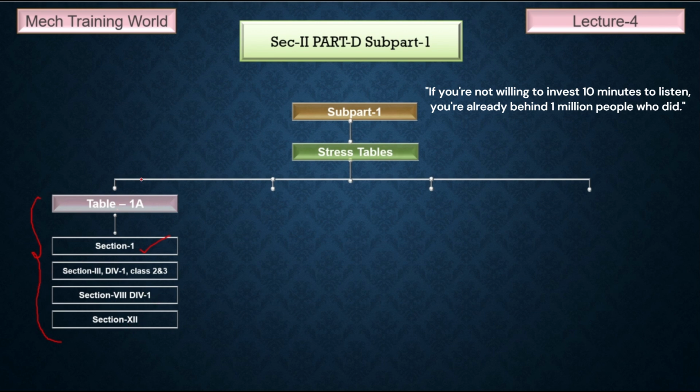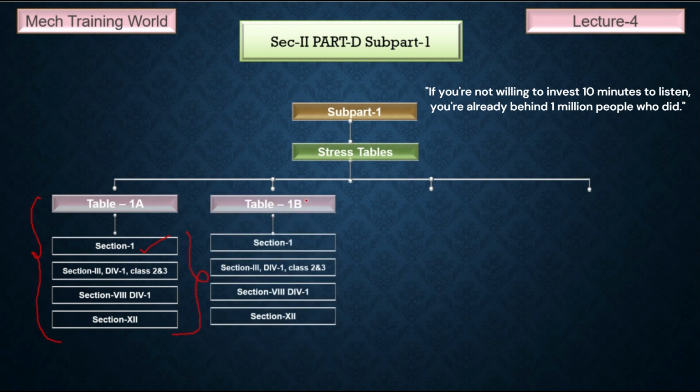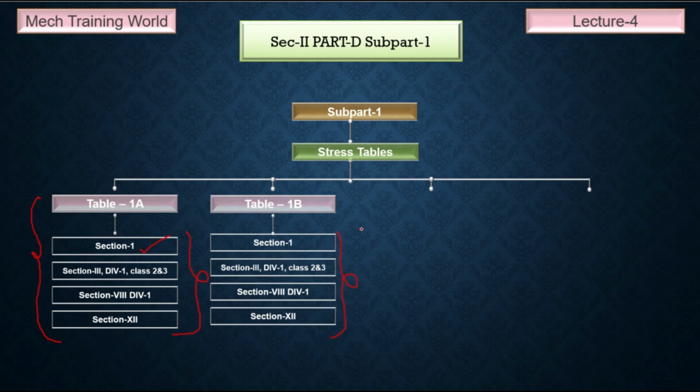So Table 1A is applicable for ferrous materials for these design codes only, and Table 1B is for non-ferrous materials for these codes.